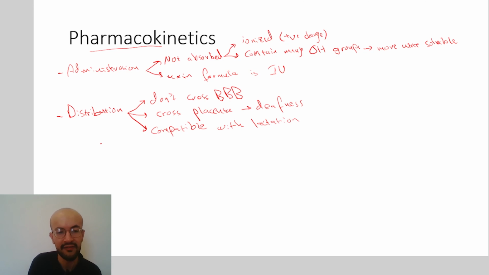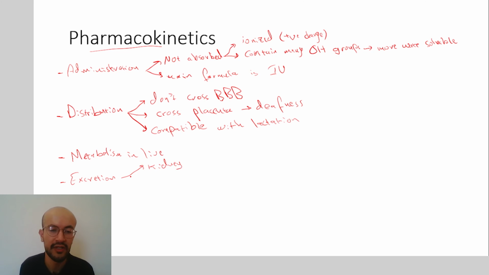The metabolism of the aminoglycosides is in the liver, and the excretion is in the kidney. They are excreted by the kidney because they are water-soluble molecules.